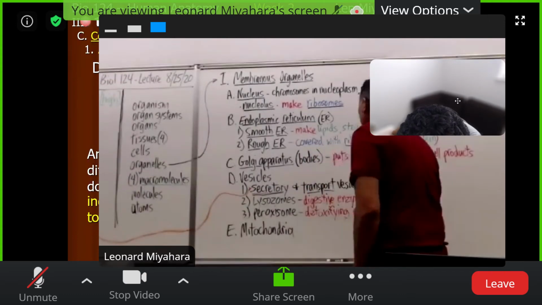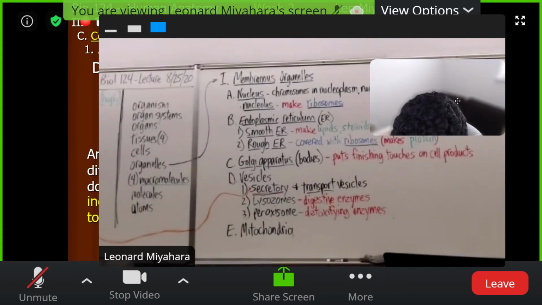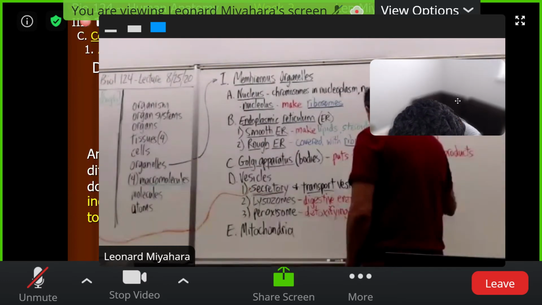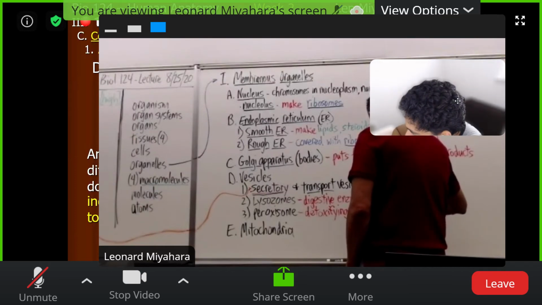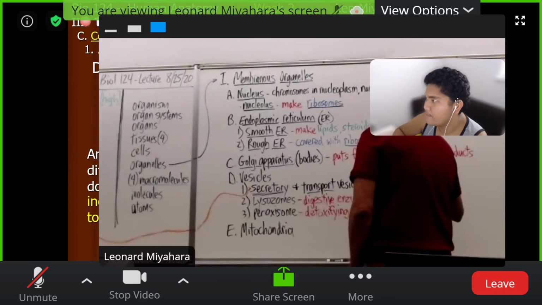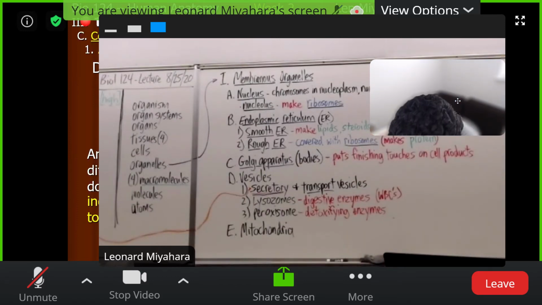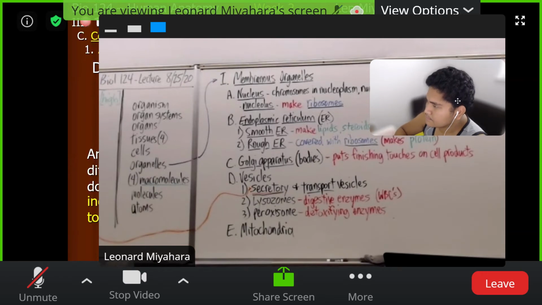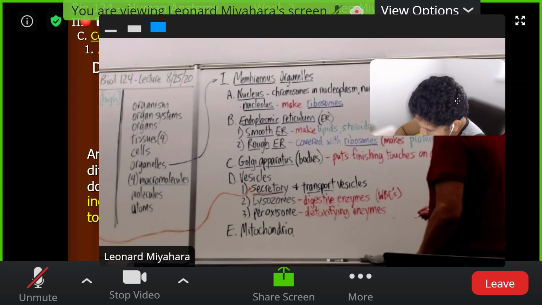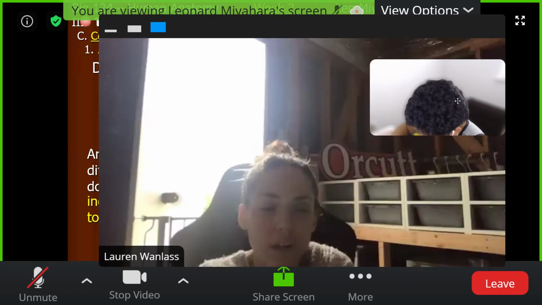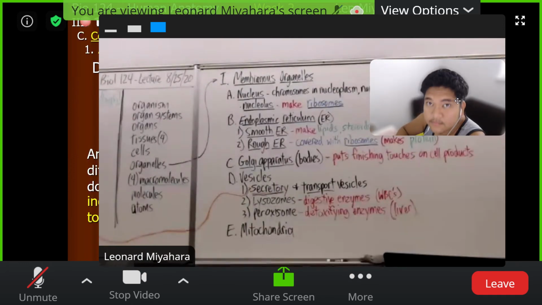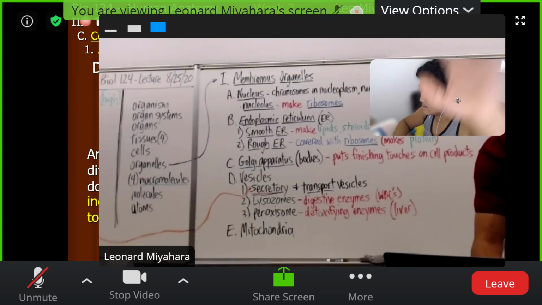So if white blood cells have a whole bunch of lysosomes, and not all white blood cells, but neutrophils and monocytes, the ones that do a lot of the phagocytosis, they would have a lot of lysosomes. Well, what is the organ of detoxification? The liver. So hepatocytes, cells of the liver, have a lot of peroxisomes. In fact, that's where the slide was taken from.